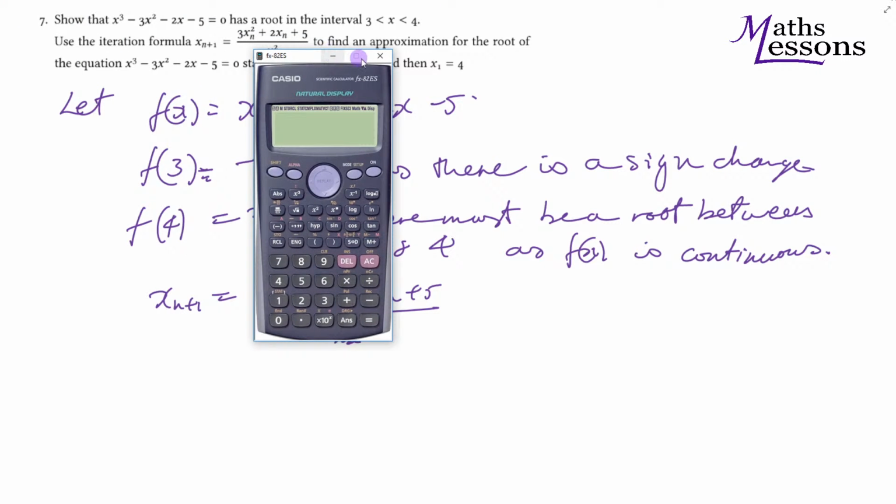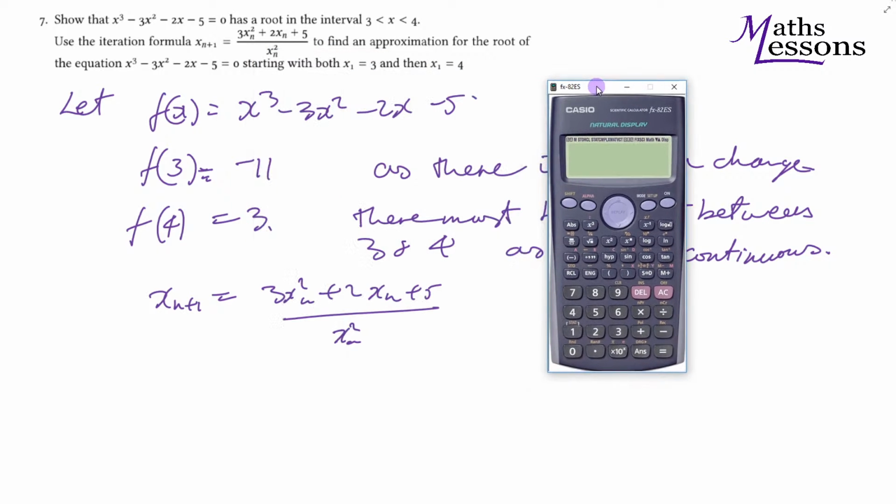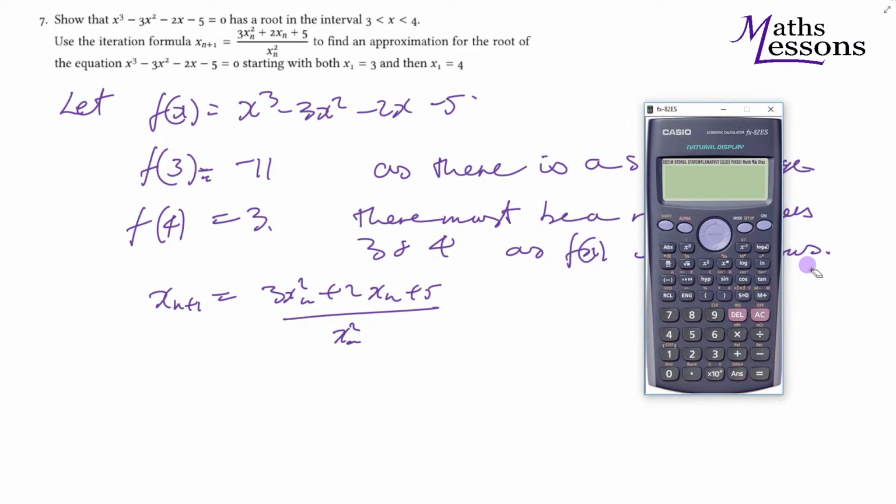Let's see if I can make that bigger. Well, let's just do that on that size calculator. So what we're going to do is start off with x is 3. I'm going to put 3 and press equals, x is 3.